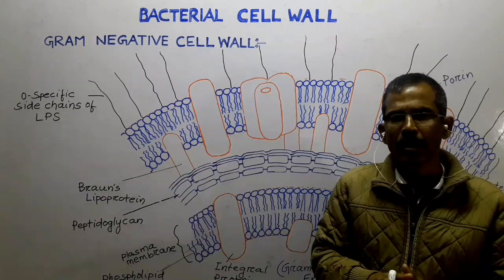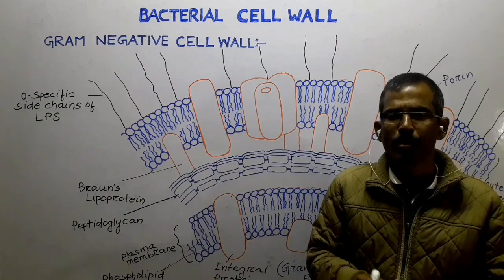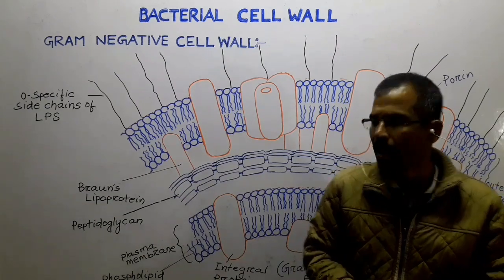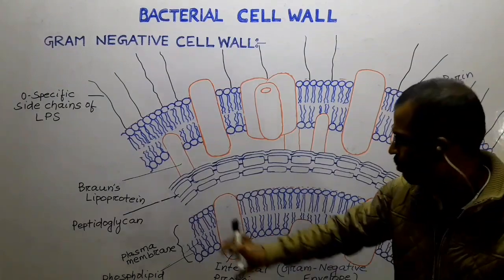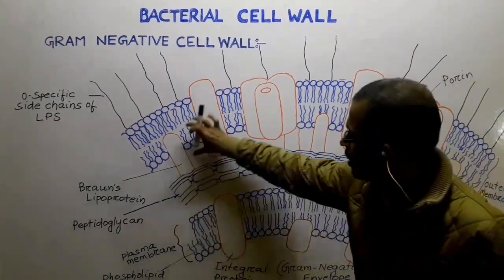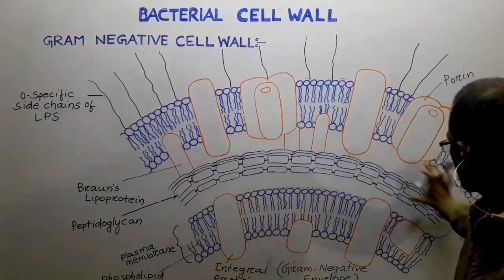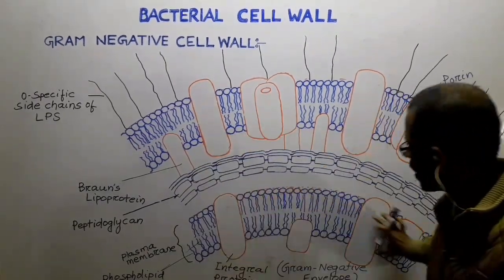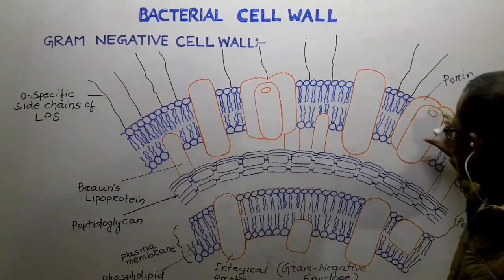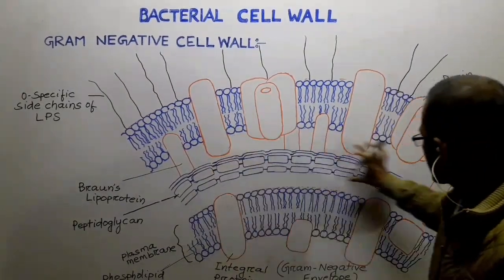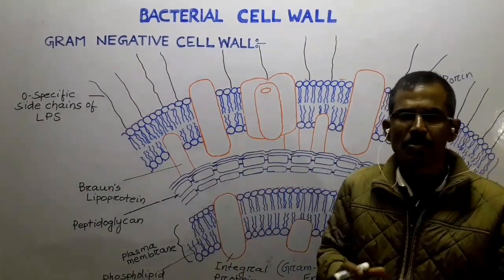When examined with an electron microscope in gram-negative bacteria, a space is seen between the plasma membrane and the outer membrane. This space is called the periplasmic space.